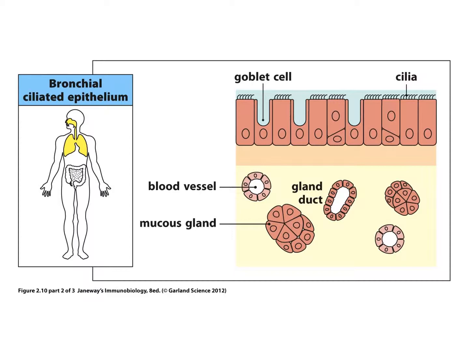The surfactants, some of them being chloride ions that should help thin out the mucus, are not there. So the mucus that's being produced by the goblet cells and the mucus glands is really thick. Since it's thick, it's trapping everything, but it's also itself getting trapped down in the alveoli. The ciliary escalator is not powerful enough to pull it up.